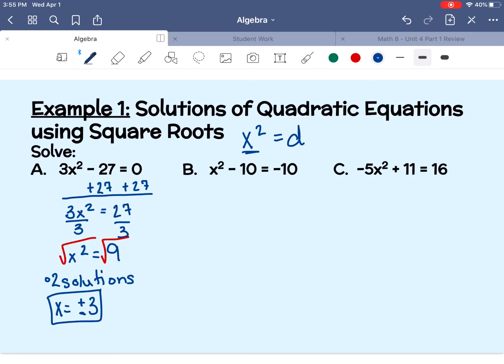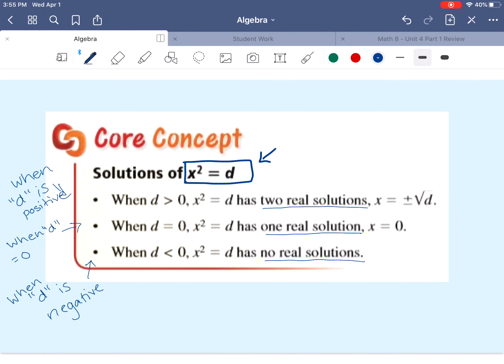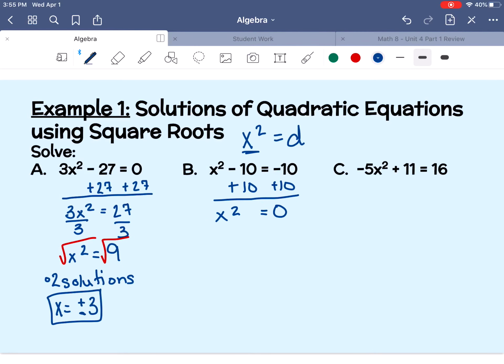This is not in our x squared equals d format, so we need to add 10 to both sides, turning it into that format. A reminder again, our d value here is 0, so we have one real solution. That means one solution, and our solution is x equals 0.